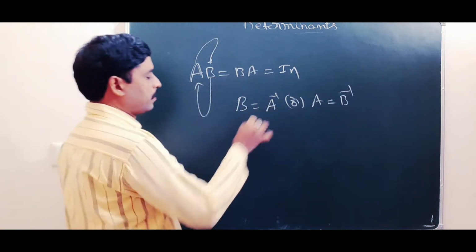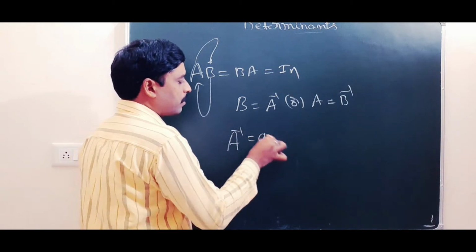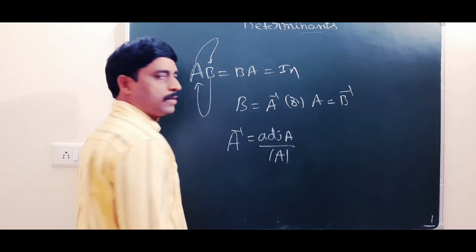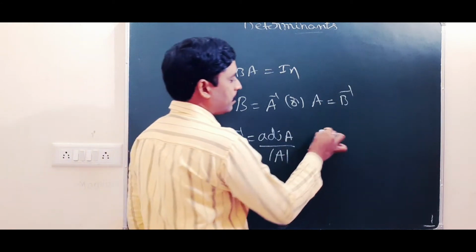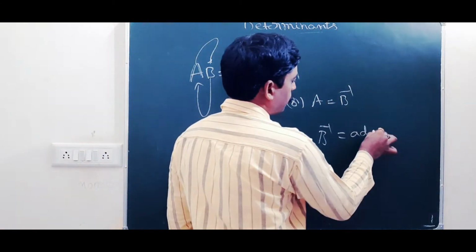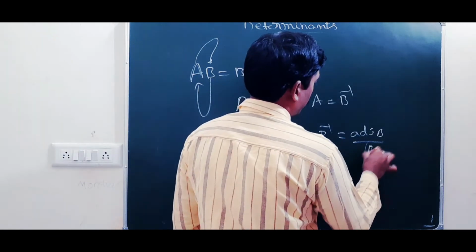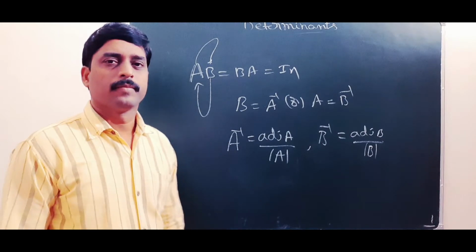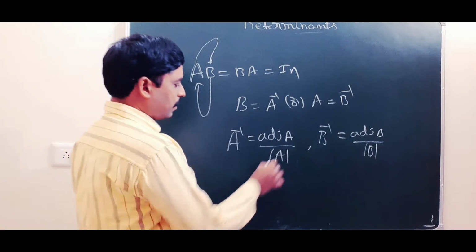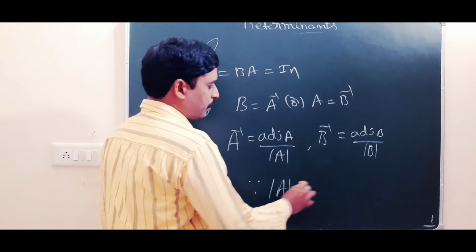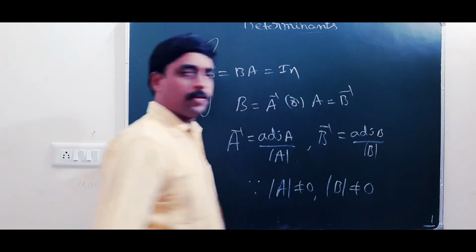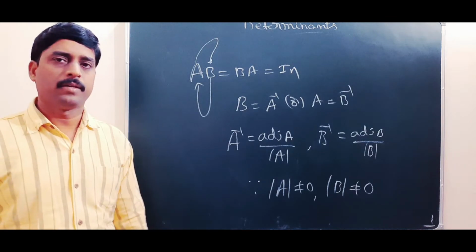Therefore A inverse equals the formula adjoint of A by det A. Similarly, B inverse is equal to adjoint of B by det B, where det A and det B are both not equal to 0, where A and B are both non-singular matrices.